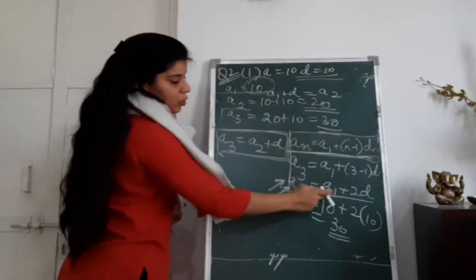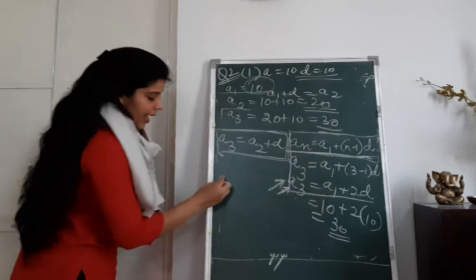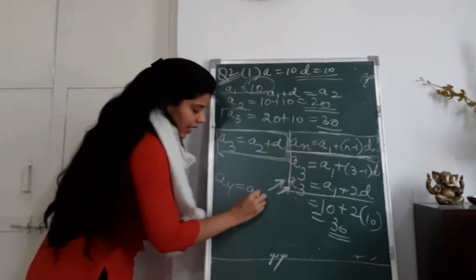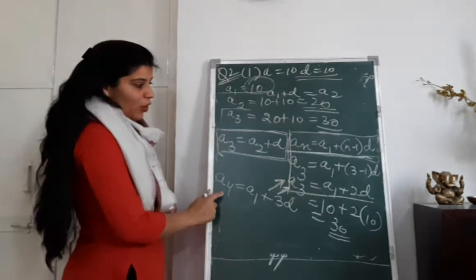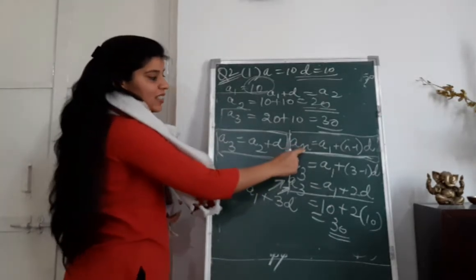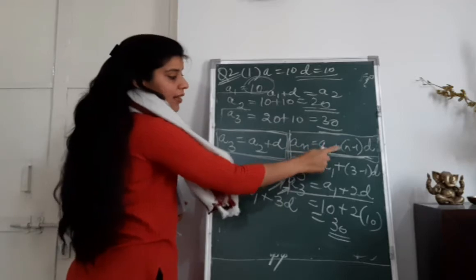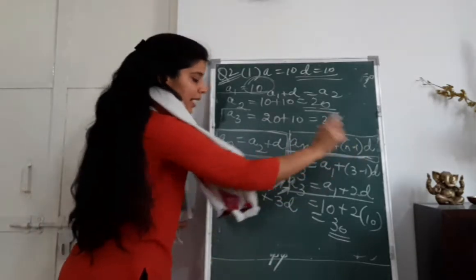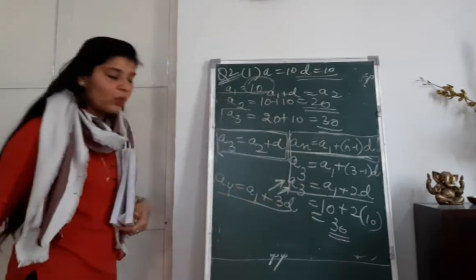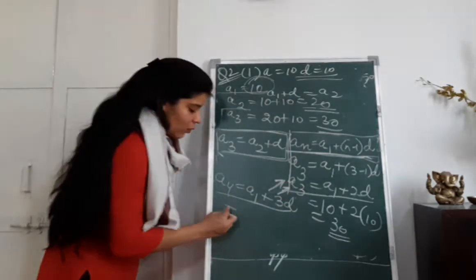So A3 is equal to A1 plus 2D and A4 is equal to what? A1 plus 3D. Clearly A4 will be A1 plus 3D because N is equal to 4. So A1 plus 4 minus 1 into D, that is A1 plus 3D. What is A1?